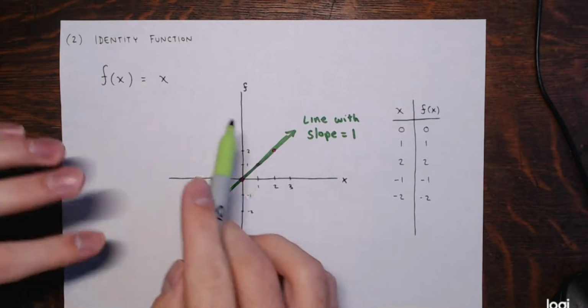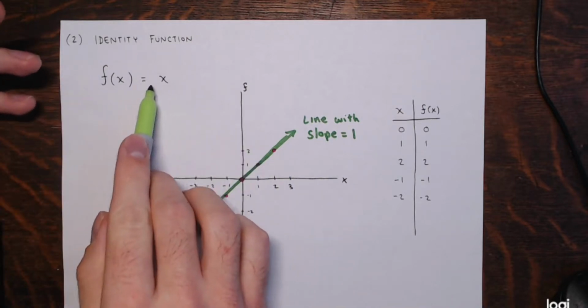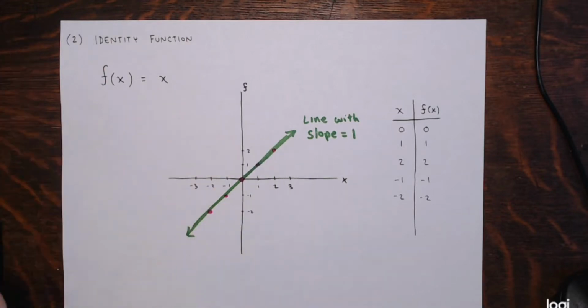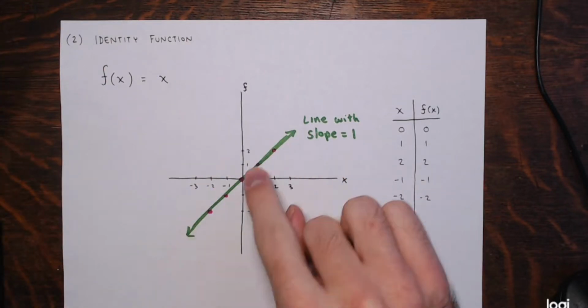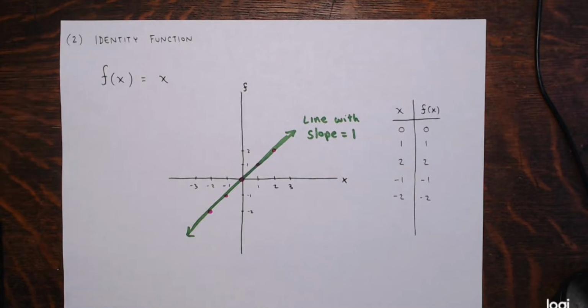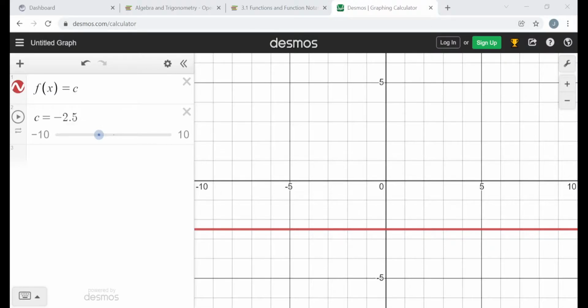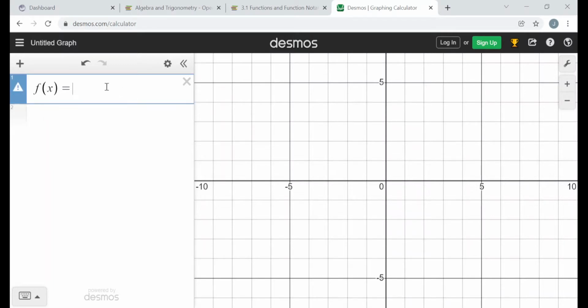And there's no move in this. I'm not changing. Whatever my input is, that's the output. This line is the only identity function. There were lots of constant functions when I changed the value of the constant. I could make it whatever I wanted and get any horizontal line, but this is the only identity function. Going back here, let's get rid of that. f of x equals x.